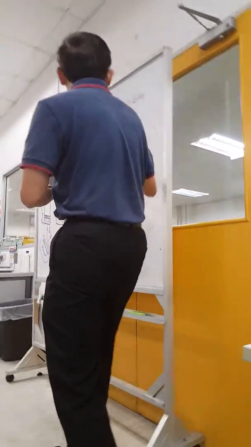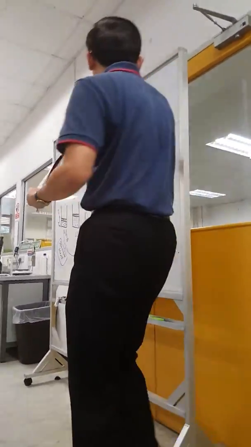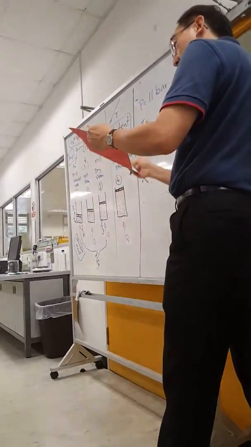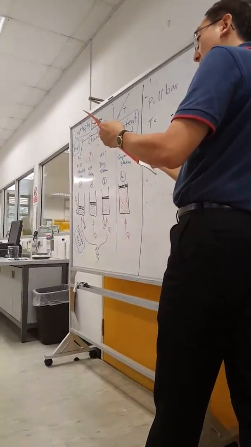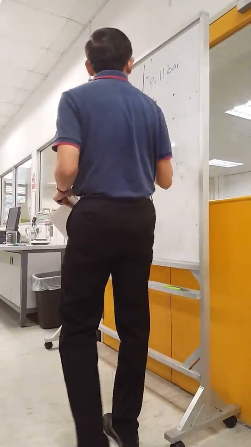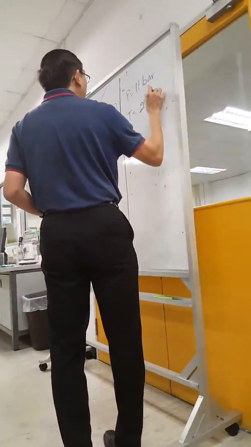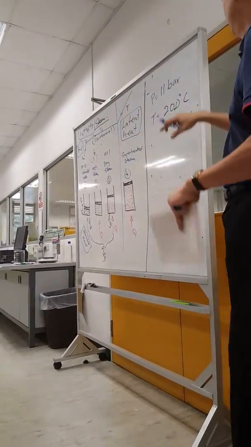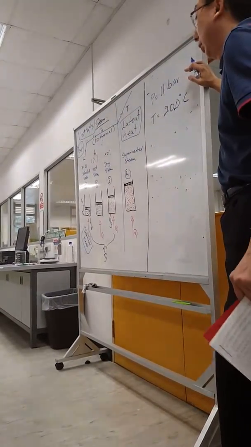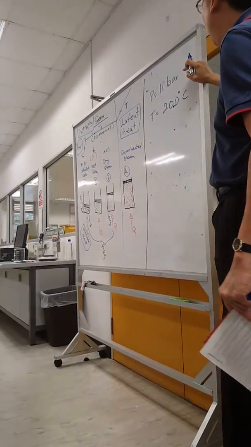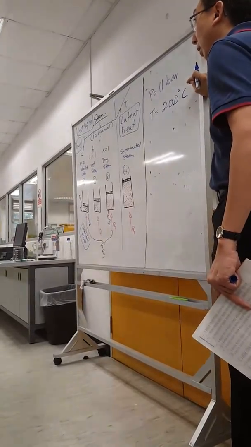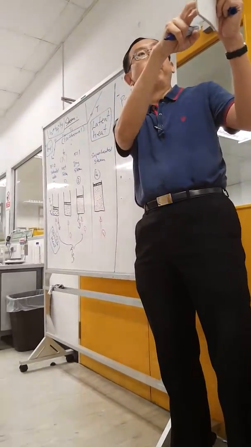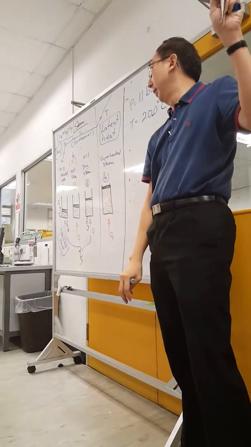So at 11 bar, this liquid is heated up to a temperature of 200 degrees centigrade. The liquid at 11 bar pressure, absolute, is heated to a temperature of 200 degrees centigrade. So you look at the saturated water and steam table, you look for 11 bar.